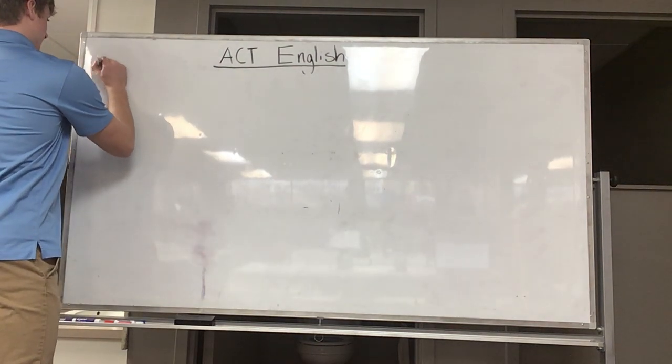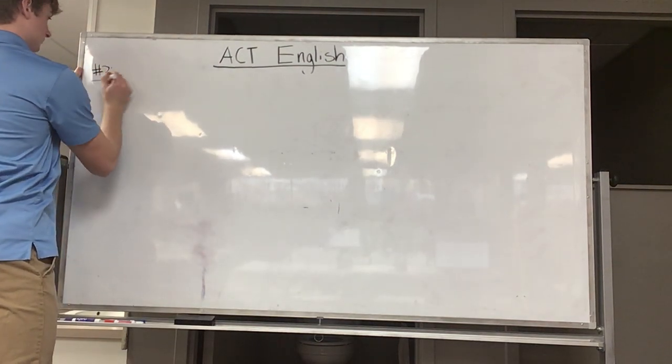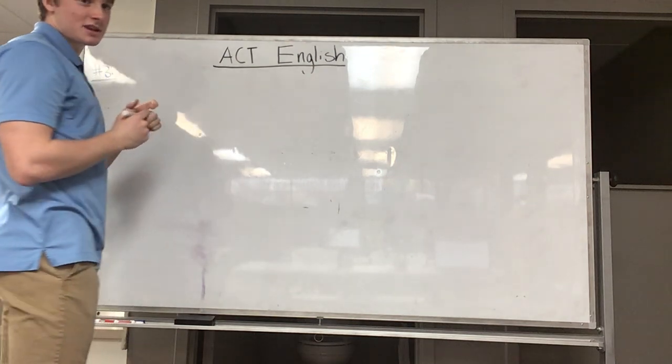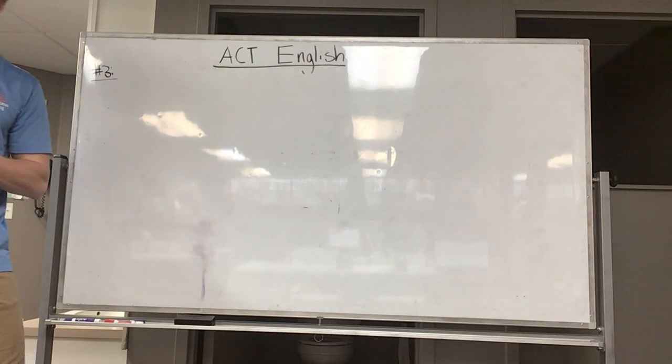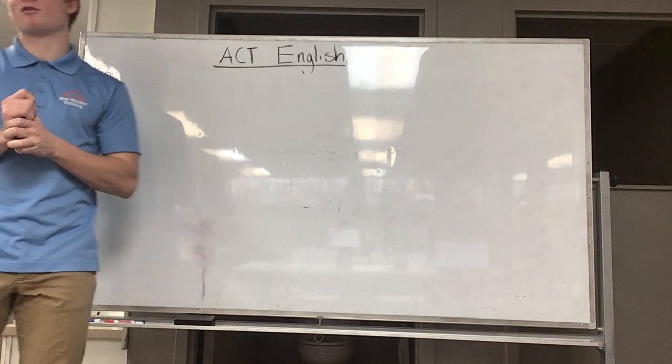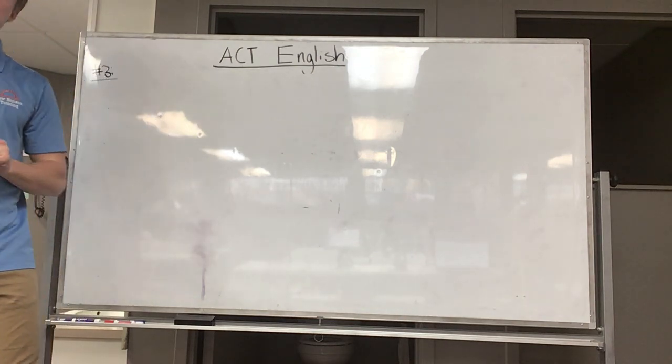Okay. Rule number 3. Commas separate two independent clauses, along with what they call a fanboy. So that's a word like for, and, nor, but, yet, or so.